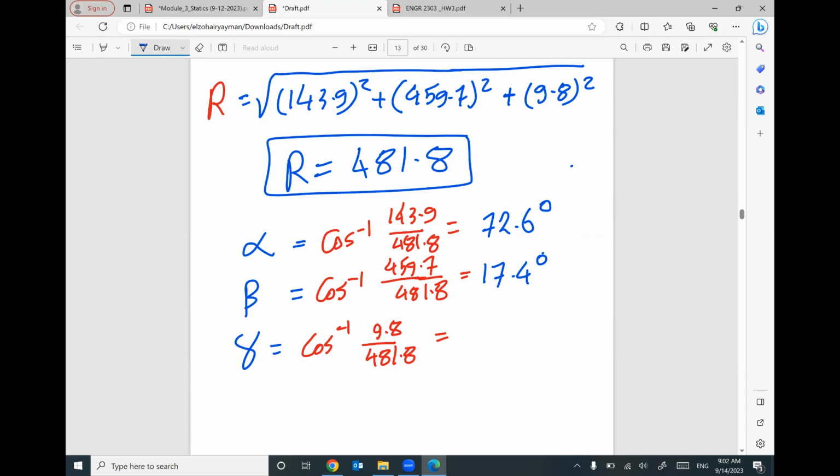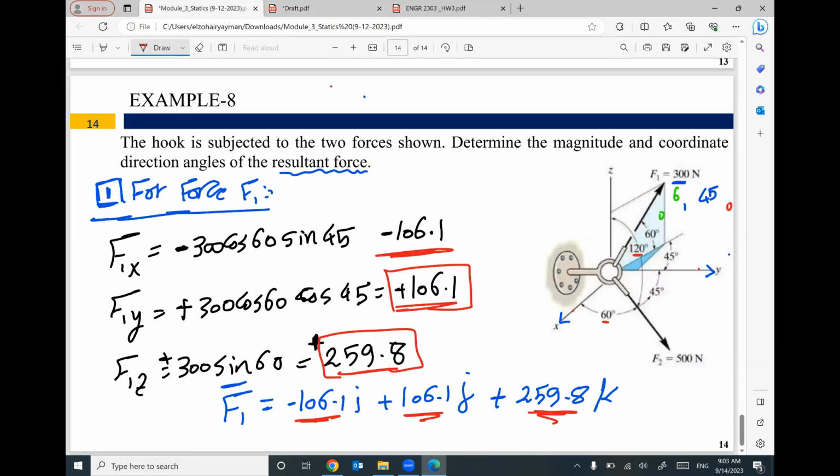Inverse cosine 9.8 divided by 481.8, I got 88.8. This is your final answer: the magnitude of the resultant and the direction angles, alpha, beta, gamma, of the resultant force, which is required here.